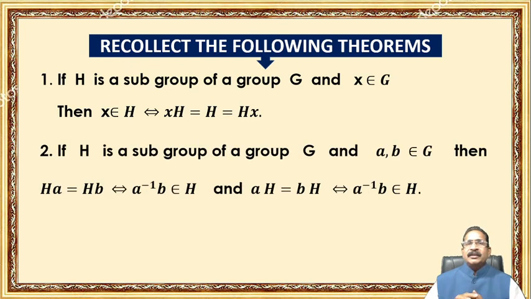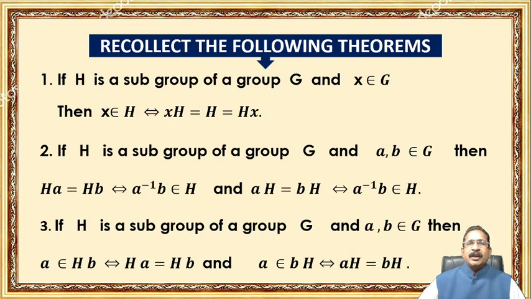The second theorem: if H is a subgroup of group G and a and b are two elements in G, then Ha is equal to Hb if and only if a inverse b belongs to H, and aH is equal to bH if and only if a inverse b belongs to H.